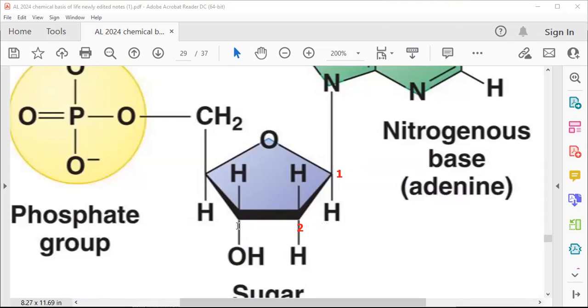This is number 3. I am labeling the carbon numbers. This is number 4. And this is number 5. Have you labeled it? Very simple labeling.